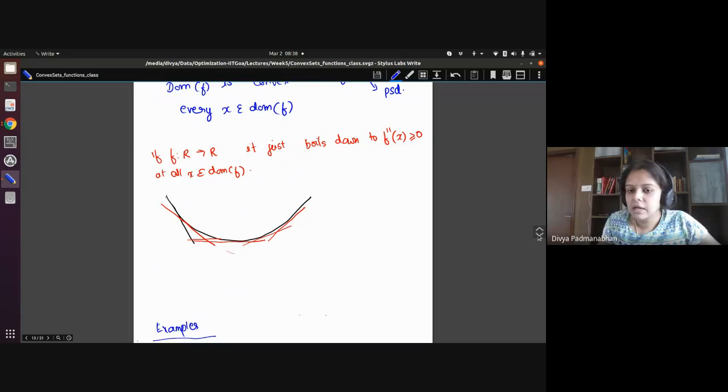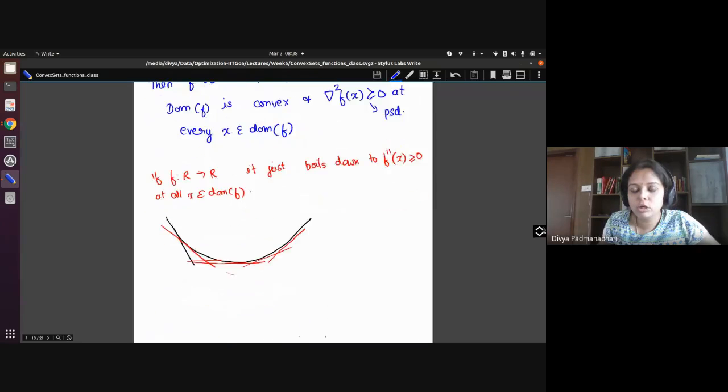And I also want to add that if you're looking at concave functions, where the shape is kind of reversed, like some function of this form, then for concave functions all the inequalities are just going to reverse.